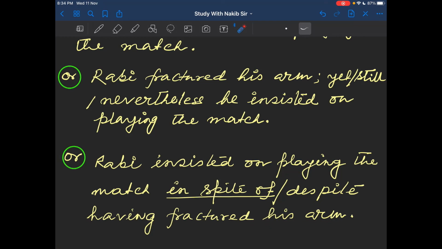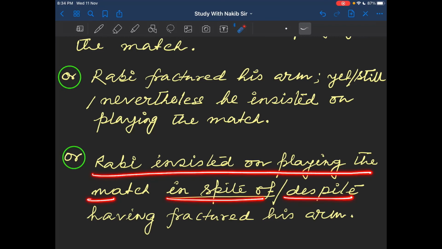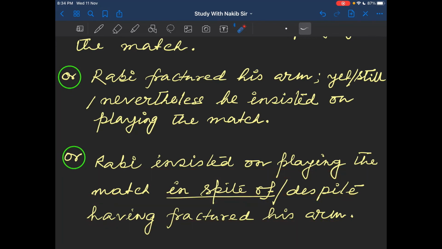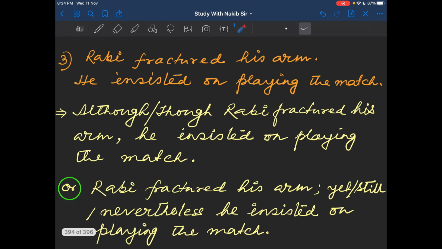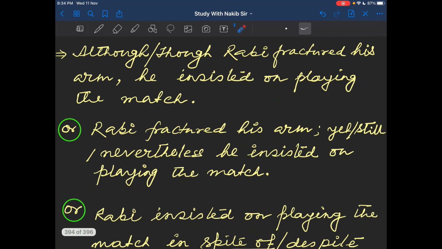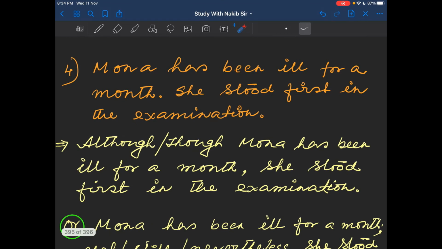So you have got three alternatives. The last one is Robbie insisted on playing the match in spite of or despite having fractured his arm. Okay, so these three ways you can combine. Okay, now see the fourth question.